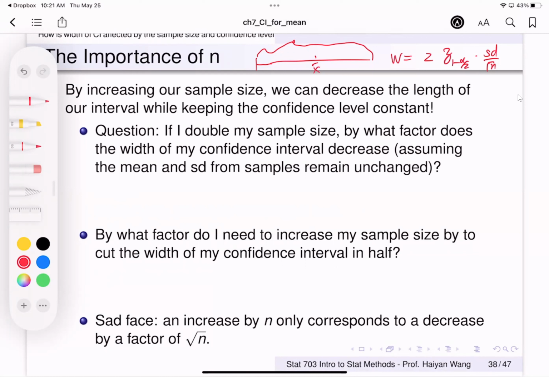If W is the width, and I want the interval, so if I double my sample size, what happens? N here, if we change to 2n instead of a single n, then what will happen is that this interval, the new width becomes this much.